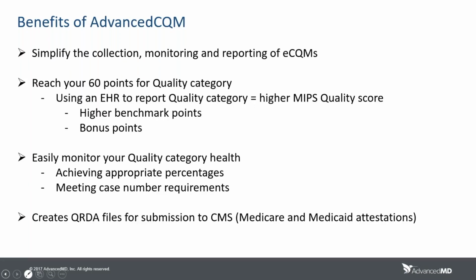And using an EHR to report quality measures equals a higher MIPS quality score, so you get higher benchmark points and bonus points. Also, it's easy to monitor your quality category health and achieve appropriate percentages and meeting case number requirements because you'll have this information at your fingertips. And then two, with using AdvancedCQM, you are able to create the QRDA files for submission to CMS.